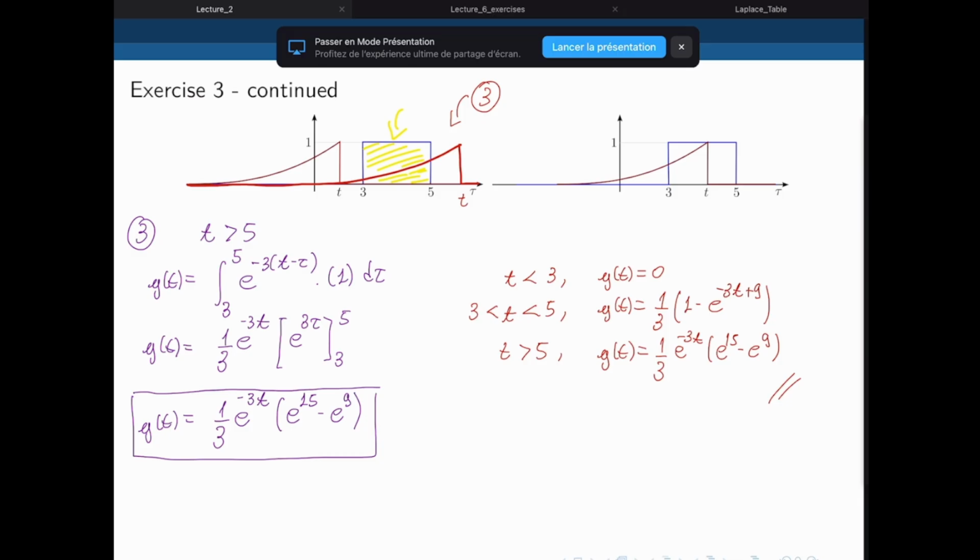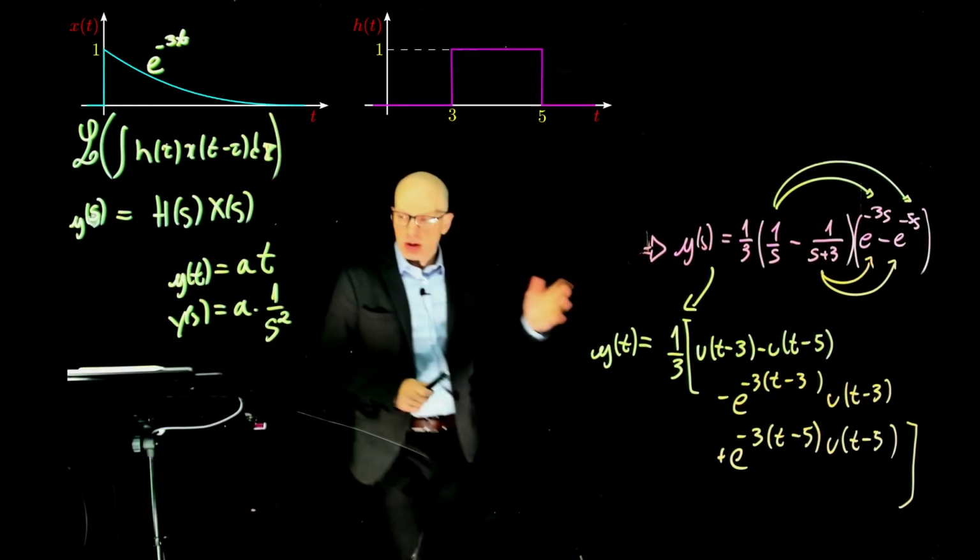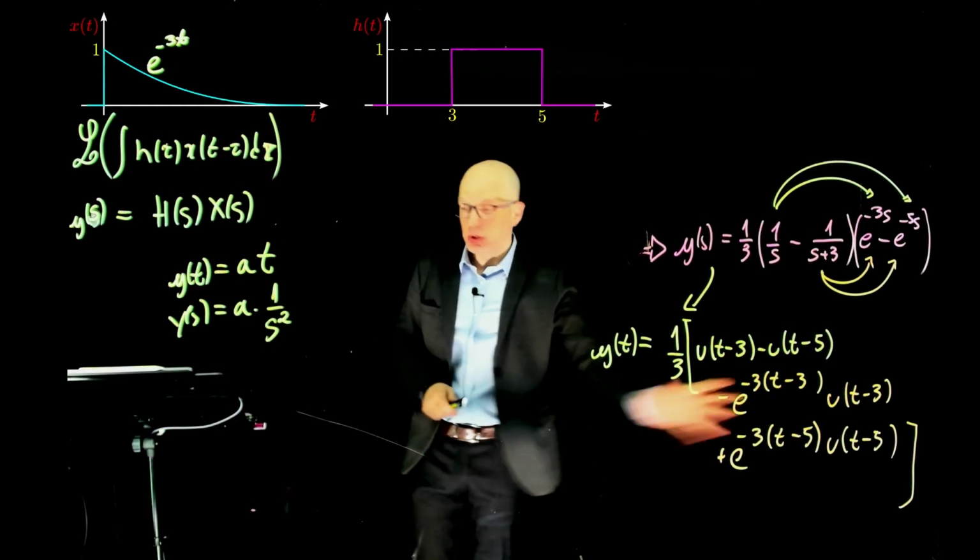So let's see if what we found here is the same. Let me just make some room here in the whiteboard, and then we are going to see if they match. All right. So here we identified 3 different regions: t smaller than 3, t between 3 and 5, and t greater than 5. Let's see how that helps.